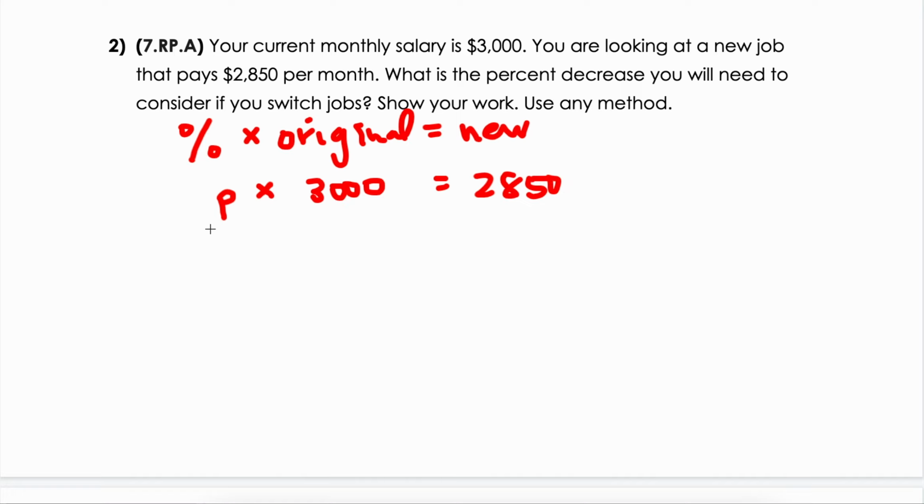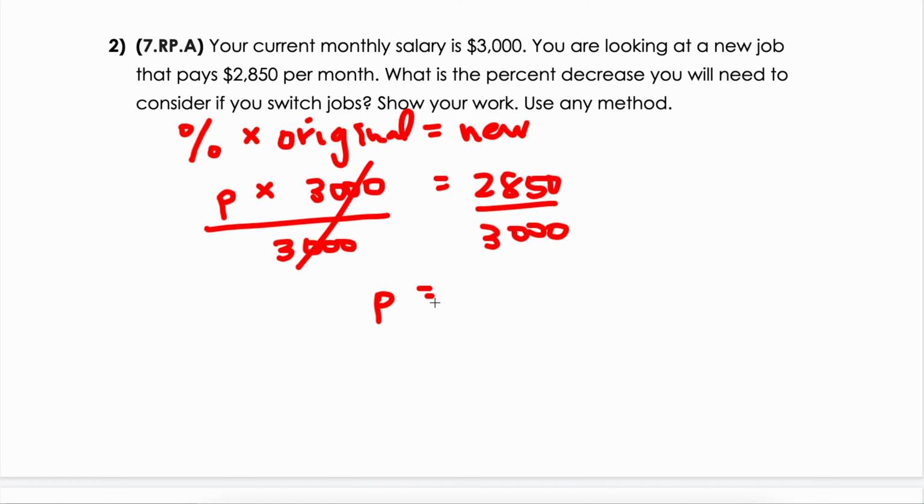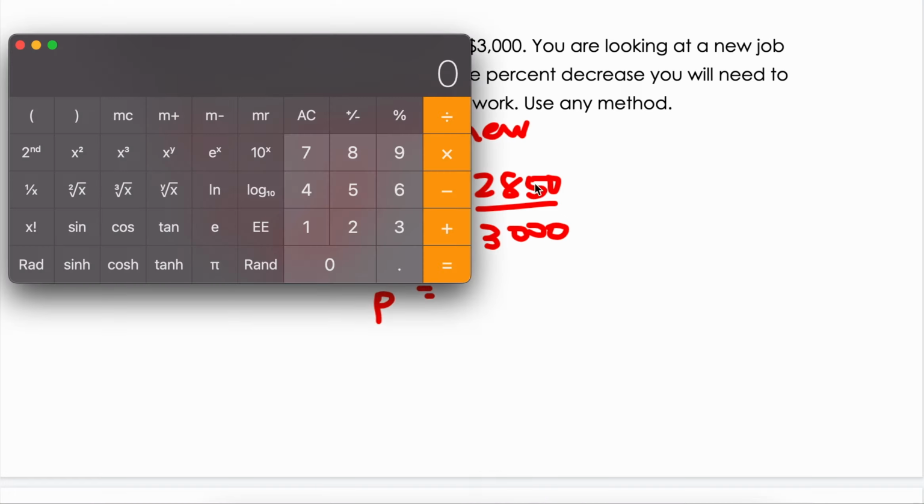And then to solve this, since this is multiplied by 3,000, you would divide by 3,000. And then you would get P equals whatever that answer is, 2,850 divided by 3,000. You get 0.95.